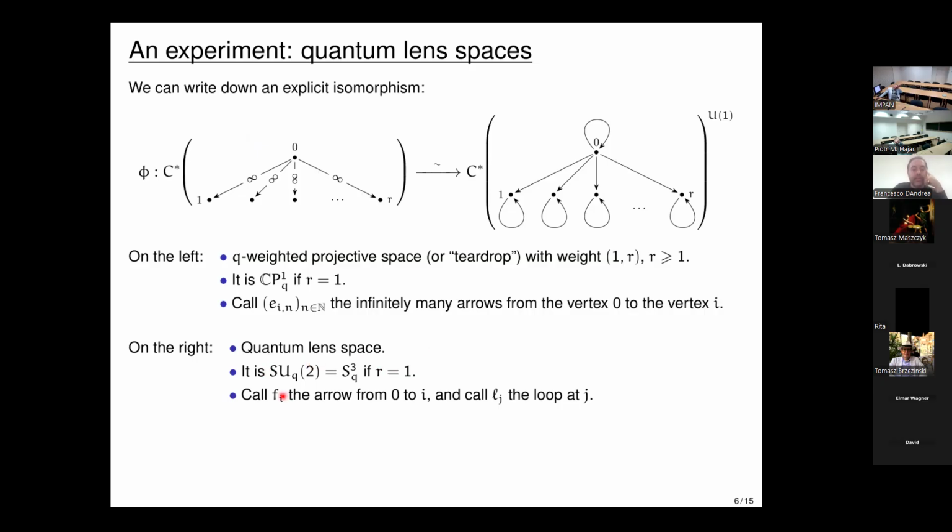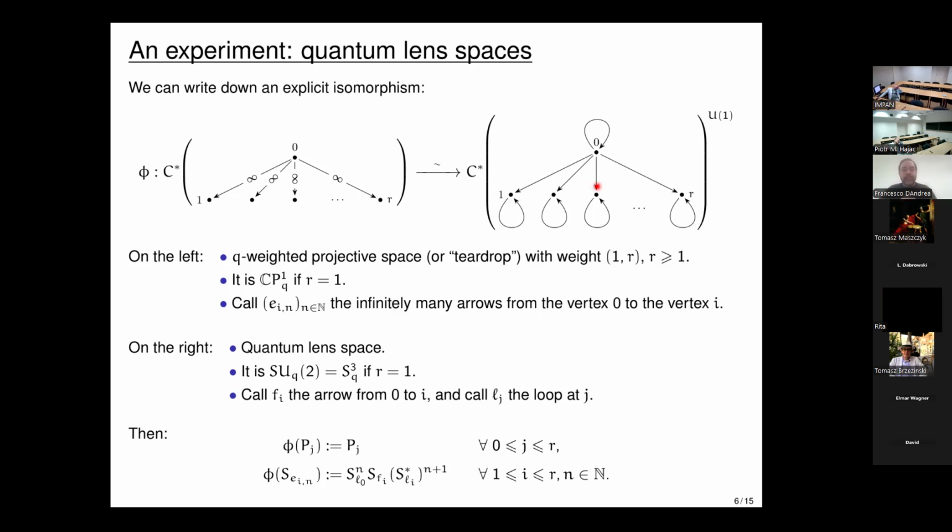The notation, just for understanding the next formula: for the graph on the right, I denote by L_j the loop at the vertex j, so L_0, L_1, L_2 and so on, and F_i the arrow from the vertex 0 to the vertex i.